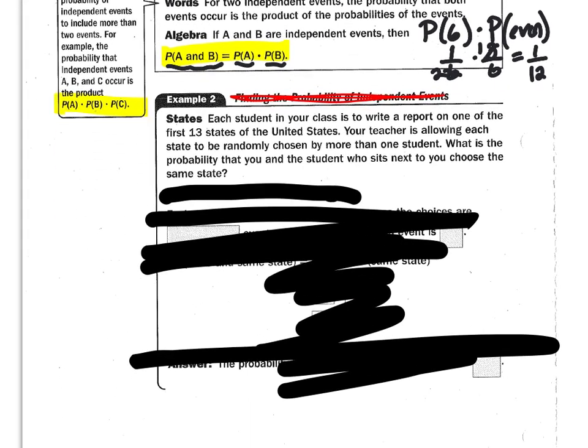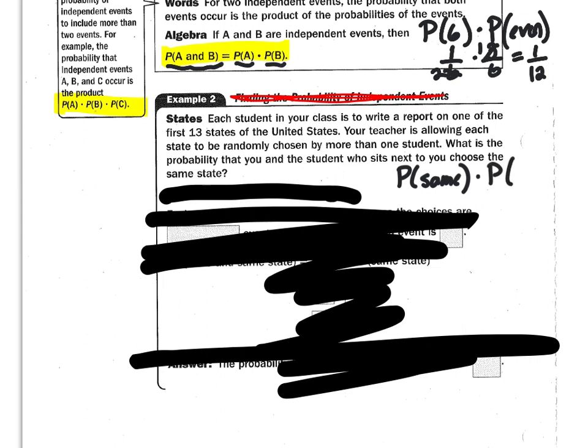Each student in your class is to write a report on one of the 13 states in the United States. Your teacher is allowing each state to be randomly chosen by more than one student. What is the probability that you and the student who sits next to you choose the same state? So it's the probability of the same state. We do put it back, sorry.